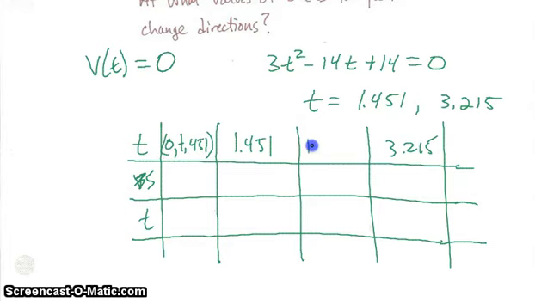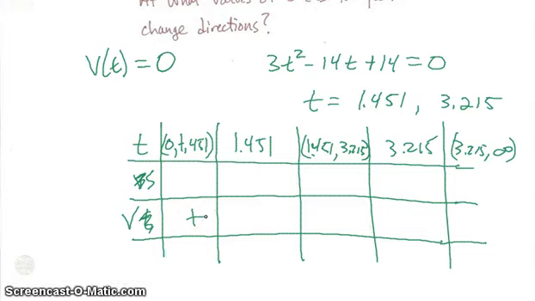This is 1.451 to 3.215, and this is 3.215 to infinity. And I'm going to find that if I do this, oops, this is supposed to be velocity. I'm really messing it up. Sorry about that. Positive, 0, negative, okay, and then 0 and positive.